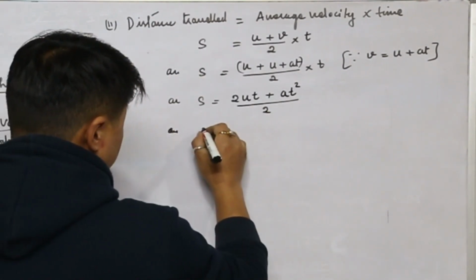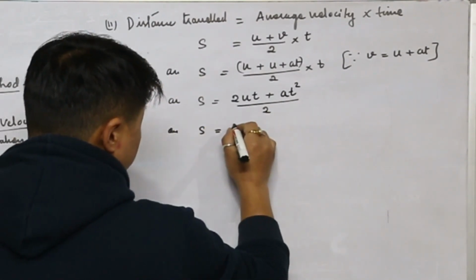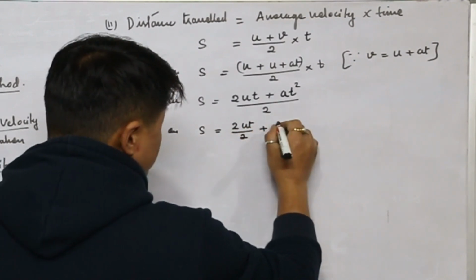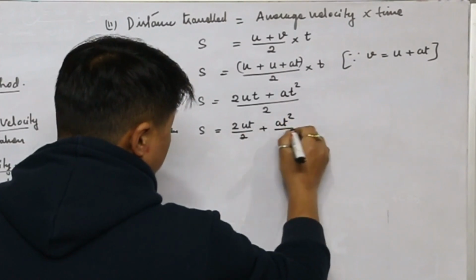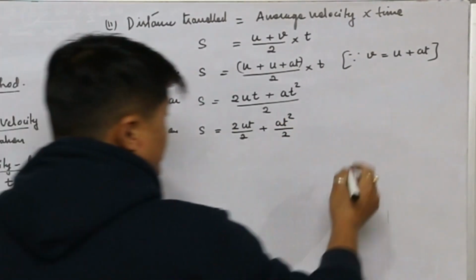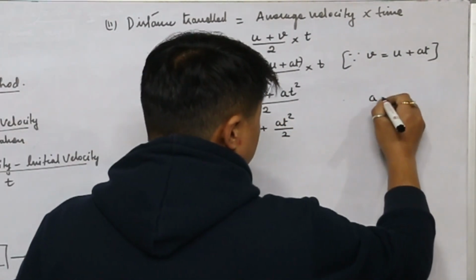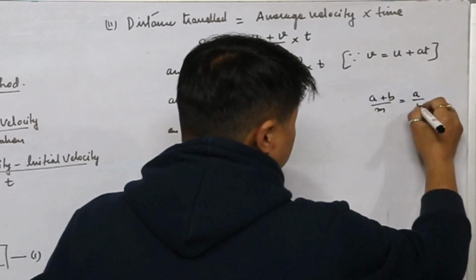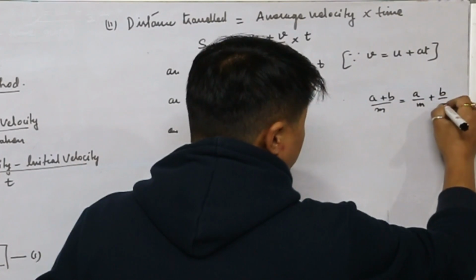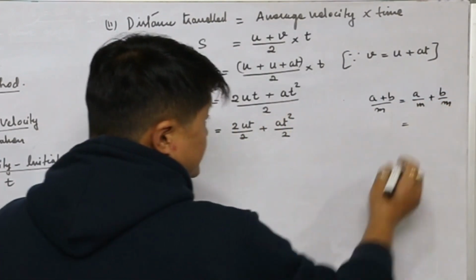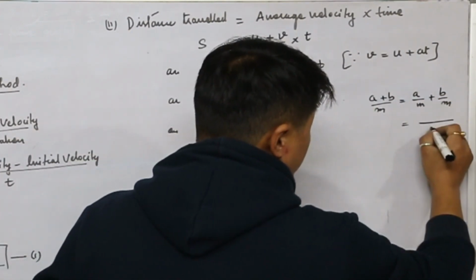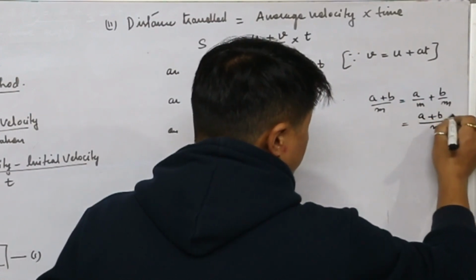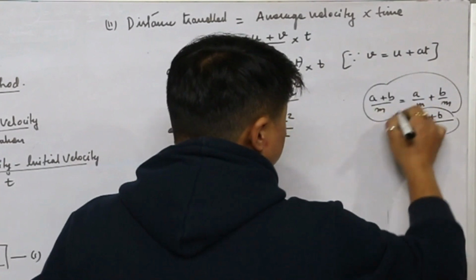Or this can be written as s is equal to 2ut divided by 2 plus at square divided by 2. Whenever we have these forms, a plus b divided by m can be written as a by m plus b by m, because if you take the LCM of these two, m is the LCM, so this will be a plus b. So these two terms are same.